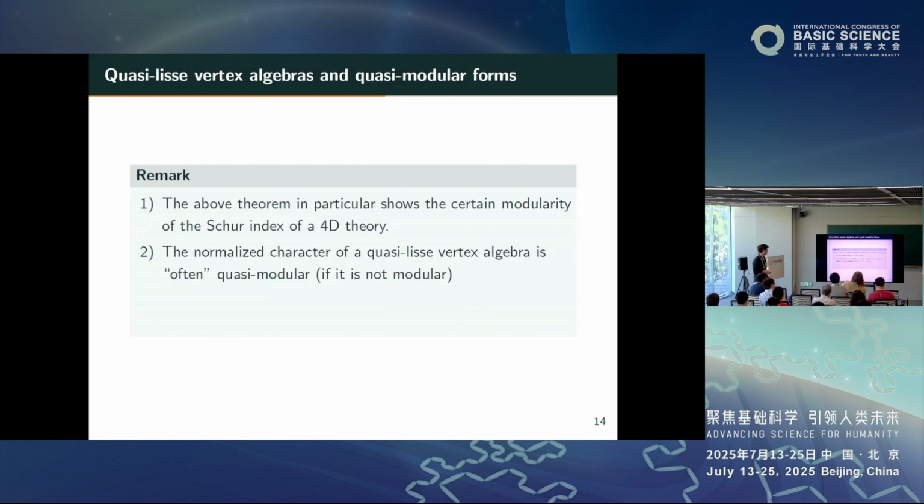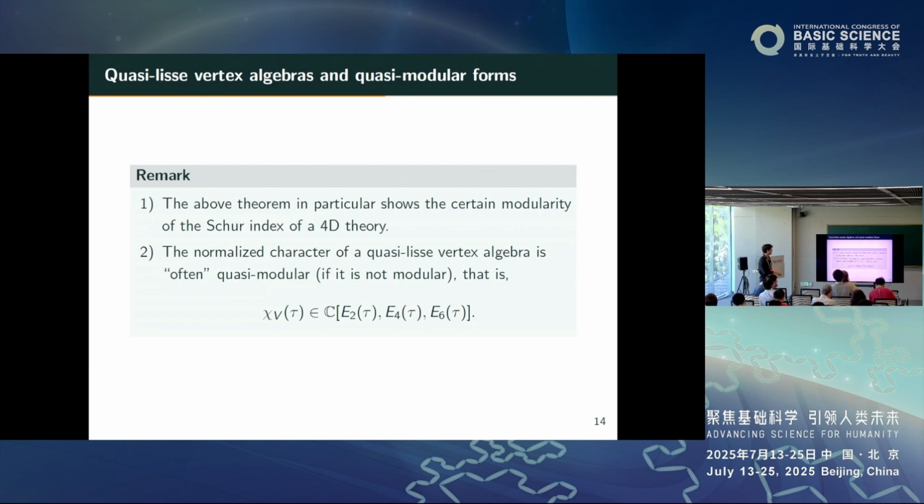This doesn't follow from the previous theorem, but the normalized character of this vertex algebra is often quasi-modular if it's not modular, which means that the character is contained in the ring generated by the second Eisenstein series and the fourth and sixth.